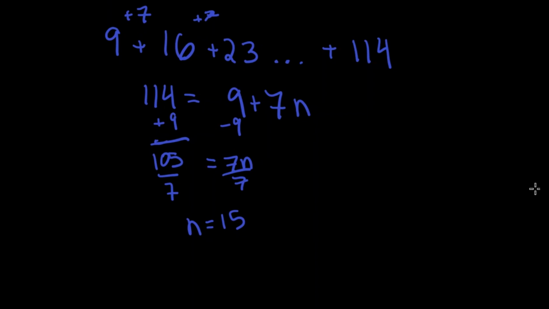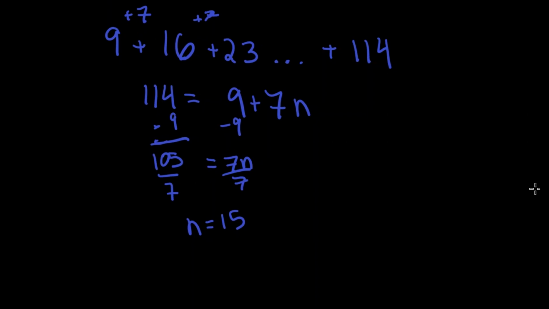Sorry, this is not meant to be addition. This is meant to be subtraction. There we go. Okay, so now that we have that, we're adding 7 to 9 a total of 15 times to get to 114.